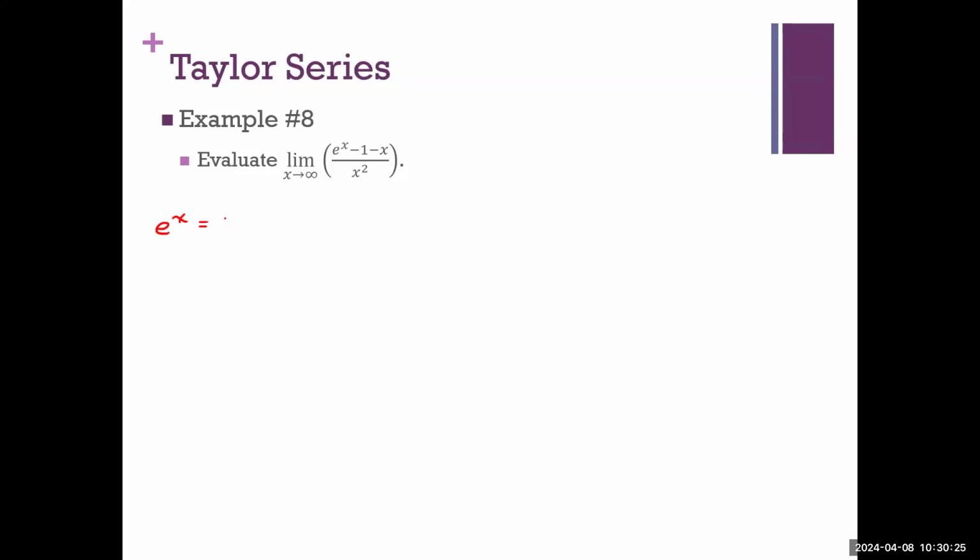So I think it comes out to f of 0 is 1. All the derivatives are e to the x, right? So 1 plus x plus x squared over 2 factorial plus x cubed over 3 factorial, and so on. So it comes out to be x to the n over n factorial, right? So I can do this here.